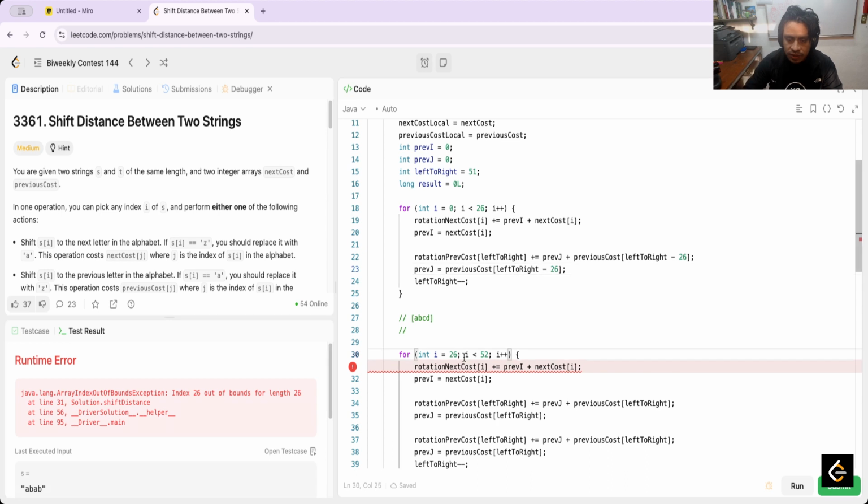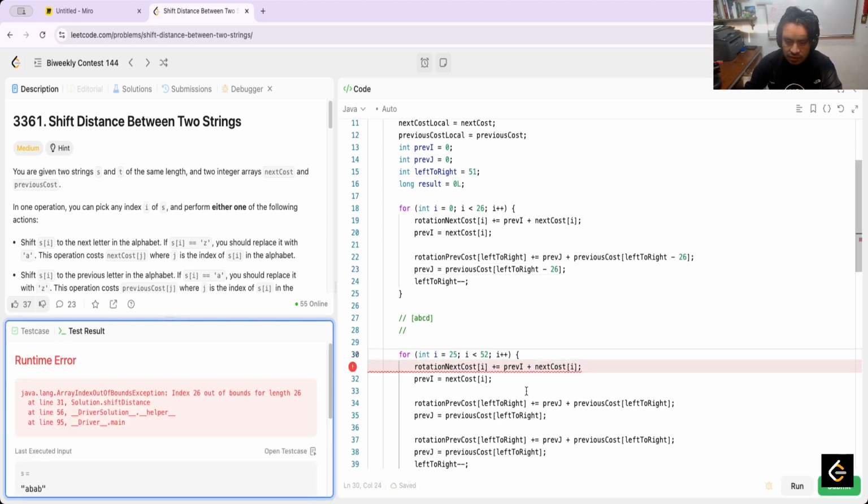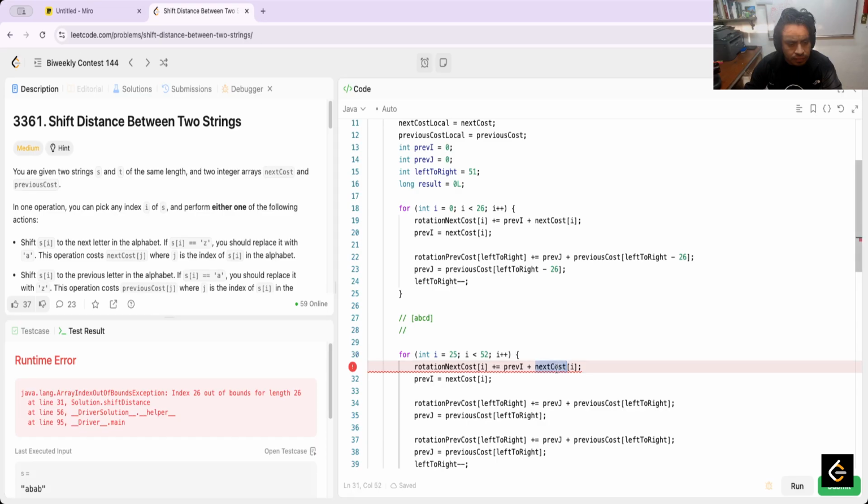Here is not 26, it's 25 because it's an index. Next cost.